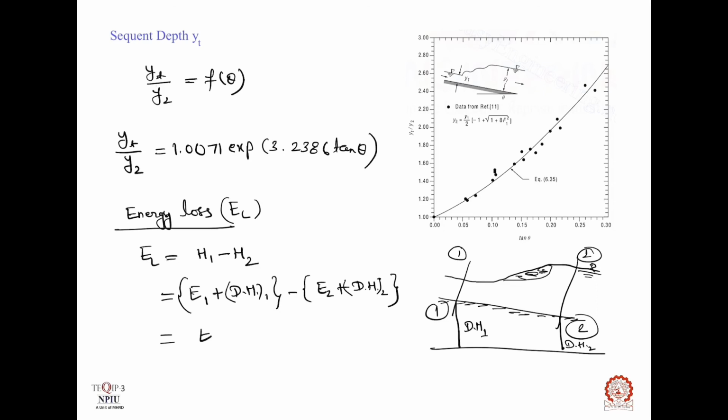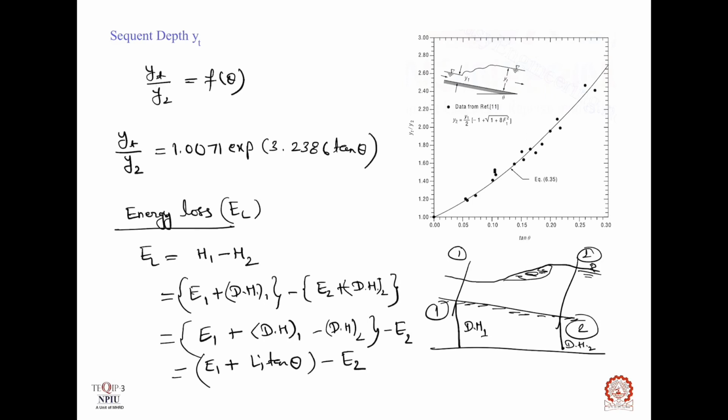So this we can write as E1 plus dH1 minus dH2 minus E2, which is equal to E1 plus the difference between datum head at section 1 and 2, Lj tan theta, minus E2.